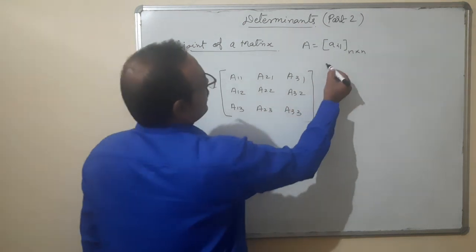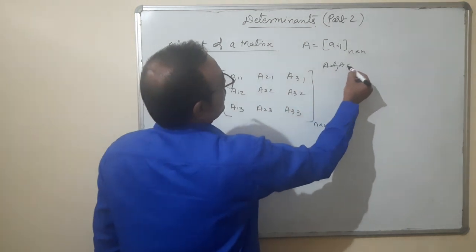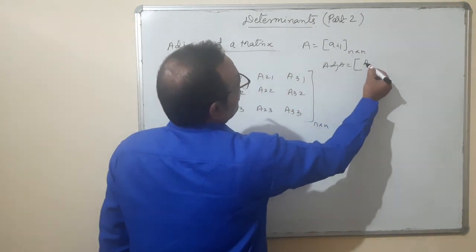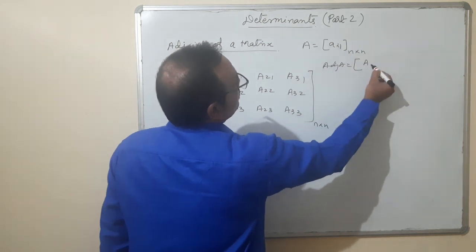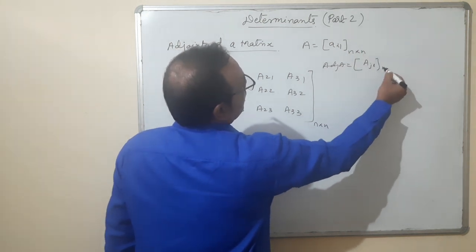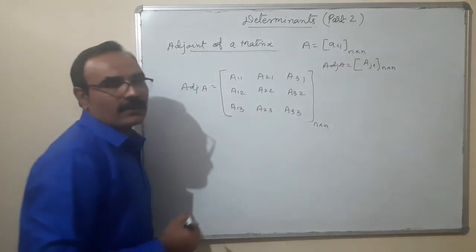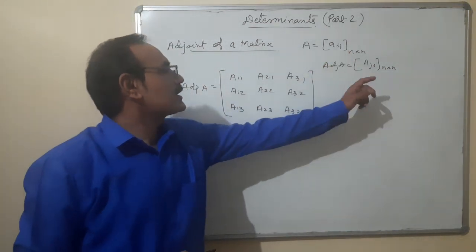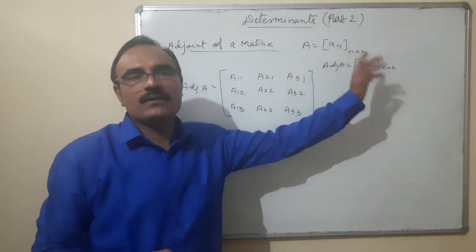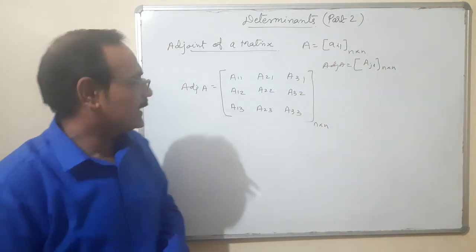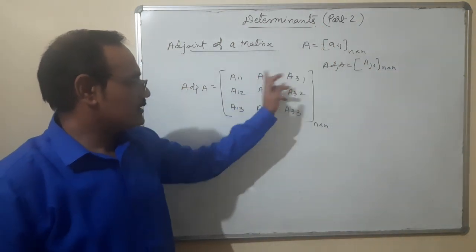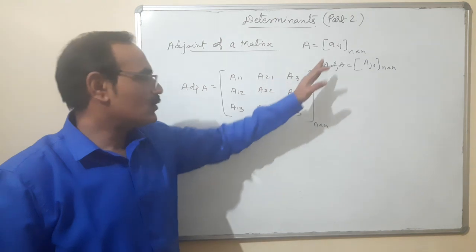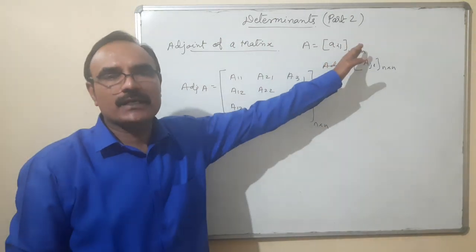The adjoint of A is defined in the form of Aij converted into Aji, n cross n. What does it mean? The transpose. That means this is the group of cofactors. There are a total of 9 cofactors possible in a 3 cross 3 matrix.